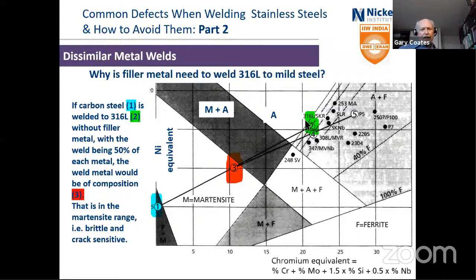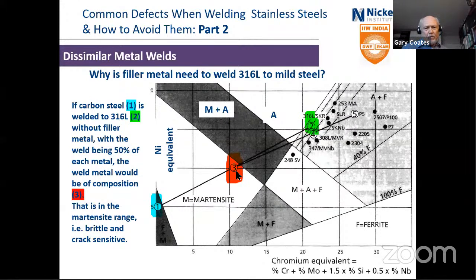316L, it's a fully austenitic alloy. If you plot it here, it'll show a little bit of ferrite typically. So it would lie there. Now, if you were just to weld the two metals together without filler metal, you take your TIG torch and just melt the material so you have a similar metal joint there.